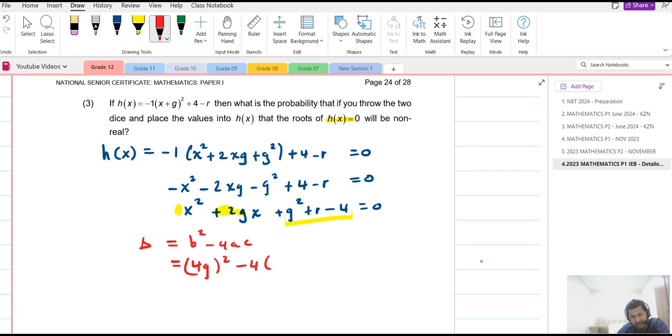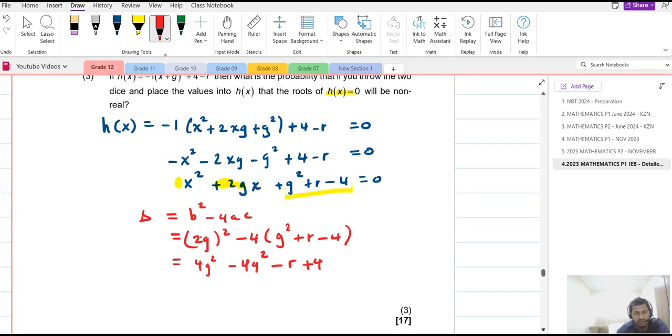And what is c? g squared plus r minus 4. So we got 4g squared minus 4g squared minus 4r plus 16, so the g squared terms cancel out.